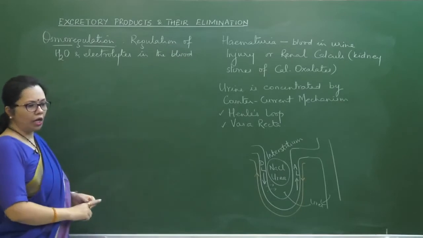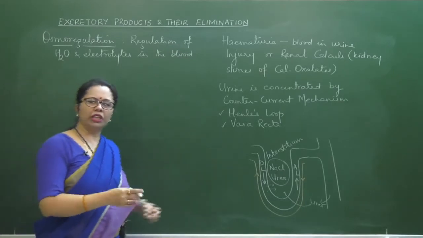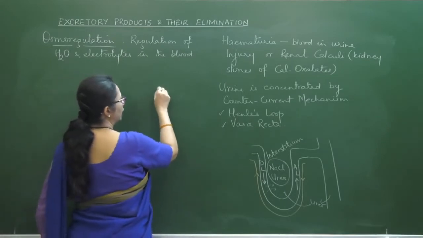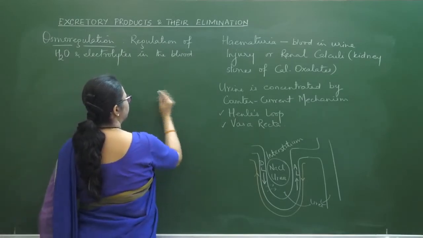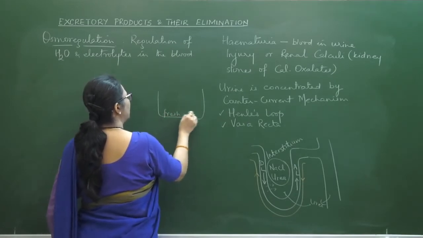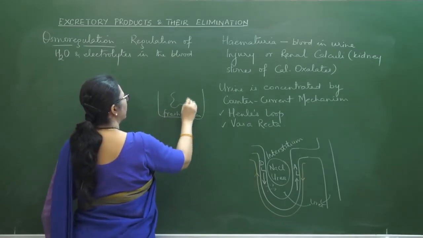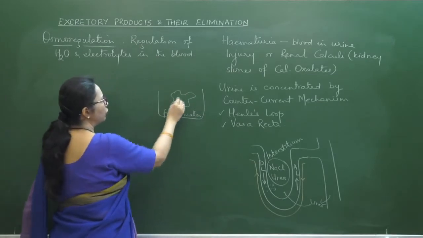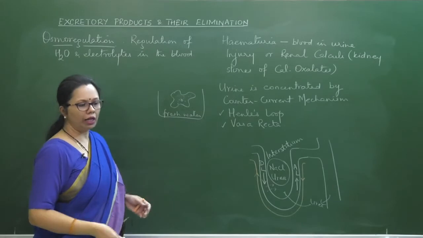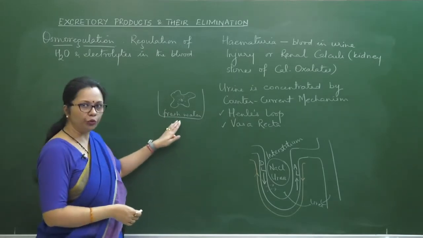Okay. Now suppose an organism is in a certain medium, let us say this is fresh water, and in this fresh water there is an organism. Now fresh water in comparison to the cytoplasm is dilute.